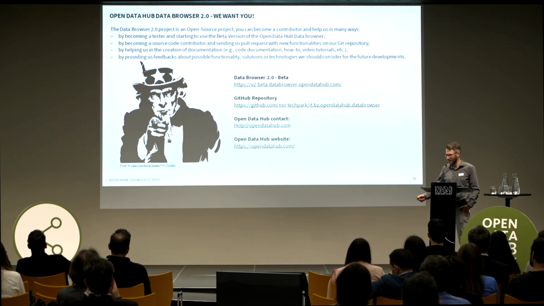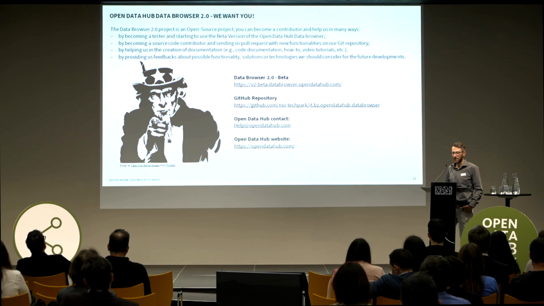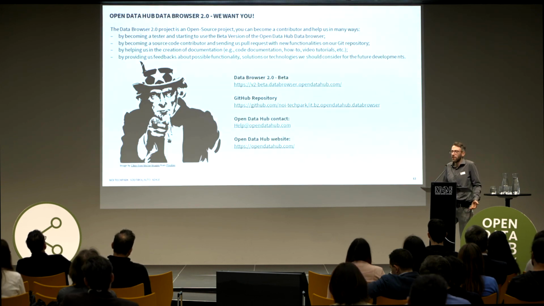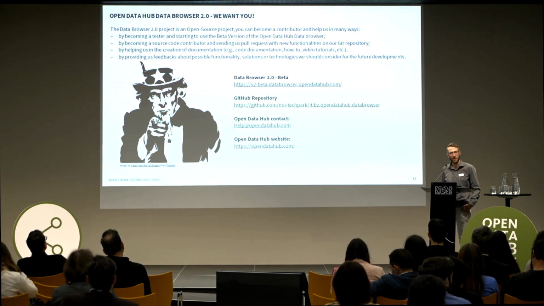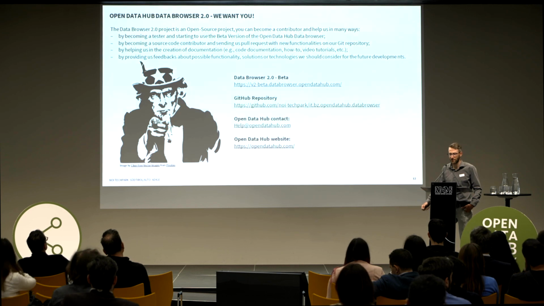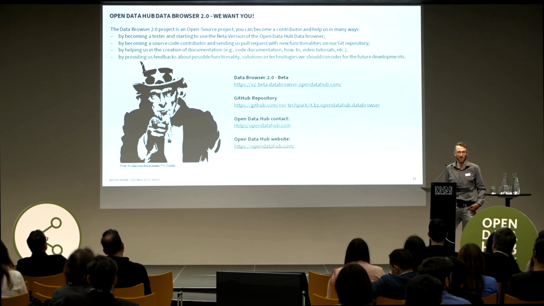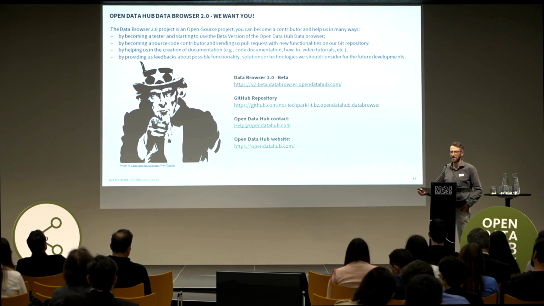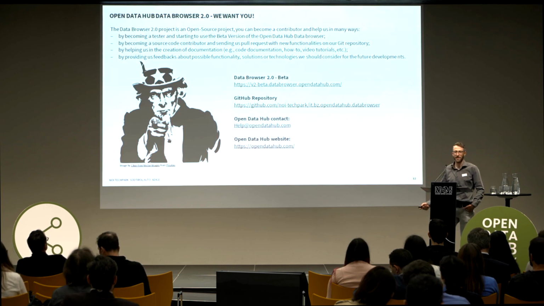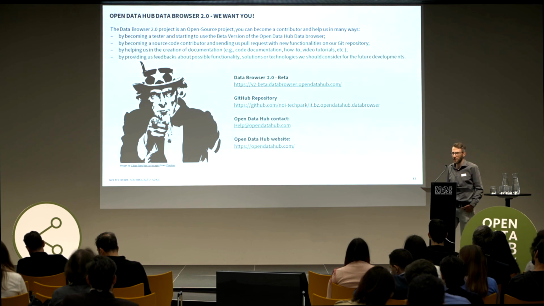Please go to this link, test it, and provide us feedback about bugs you find, or maybe also new functionality you think would be interesting to integrate in the next versions of the data browser, by writing to our customer care, help@opendatahub.com. We will be happy to help you solve the bugs, find the functionality, or even more, analyze your needs to see if we can integrate better features or improve the features.